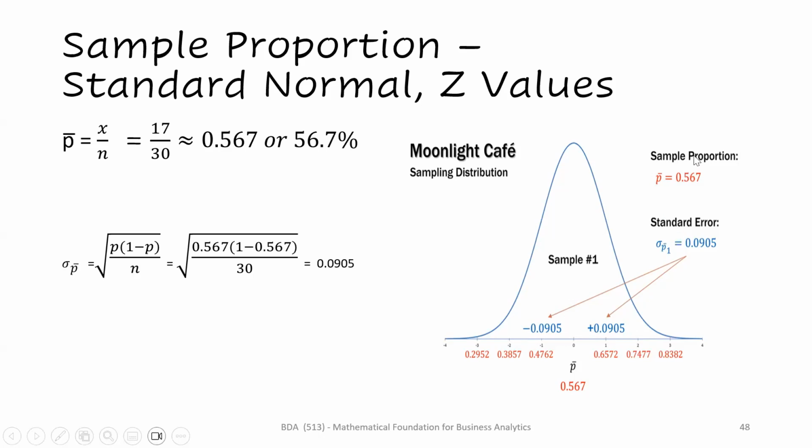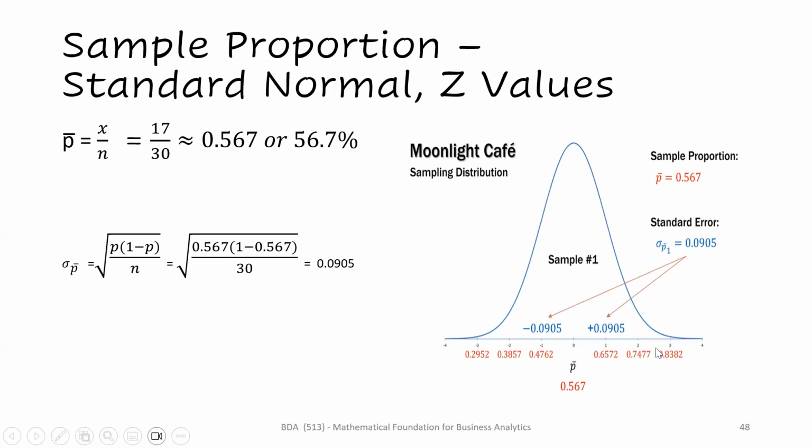So now we have our sample proportion, which is 0.567, and we've calculated our standard error to be 0.0905. It can be either positive or negative.